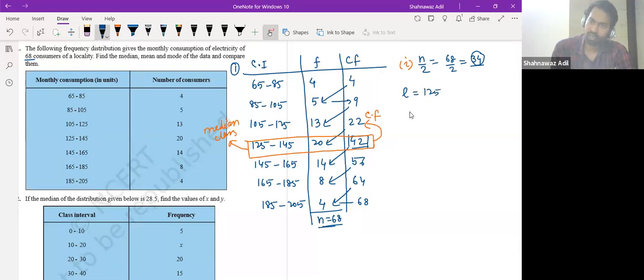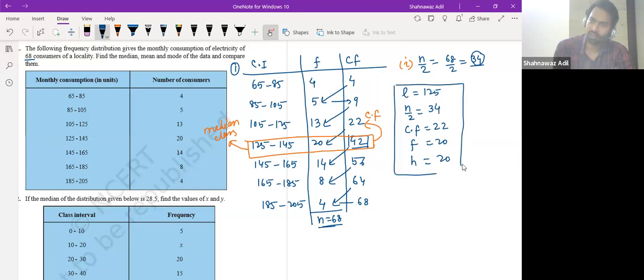And then n by 2 is 34, and CF is 22, and f is 20, and h is 20, right? So now we know all the parameters, and then we can calculate it.